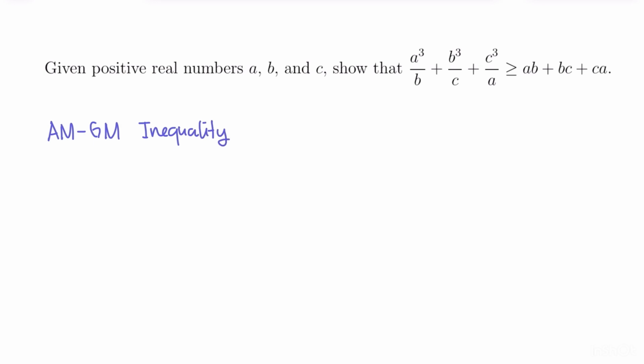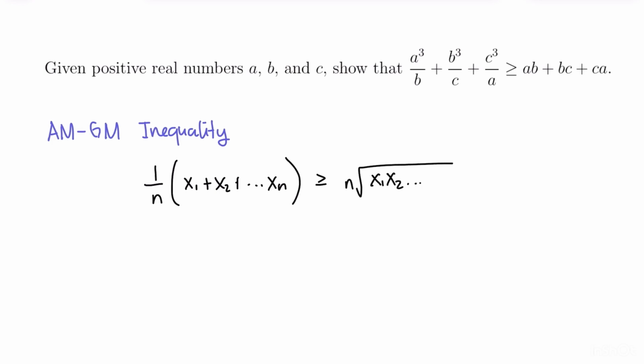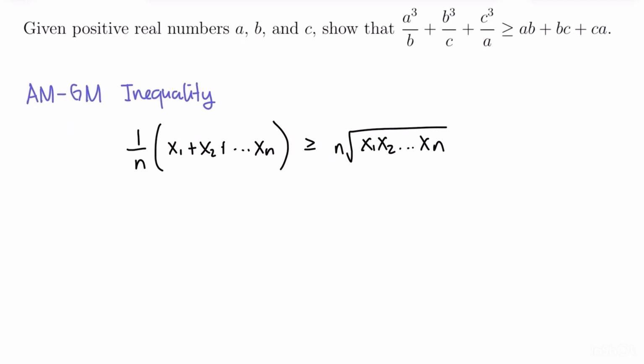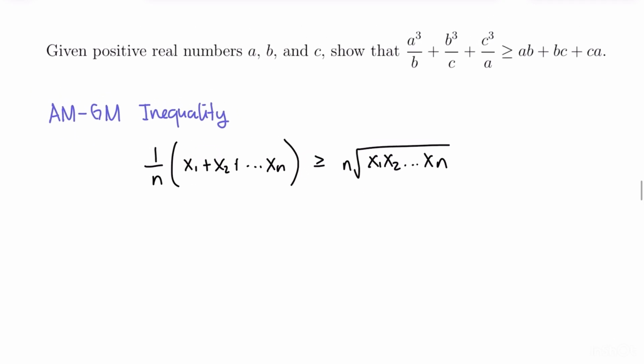The AM-GM inequality states that the arithmetic mean of a set of non-negative real numbers is greater than or equal to its geometric mean. So we're going to use the AM-GM inequality in order to show that this inequality holds.